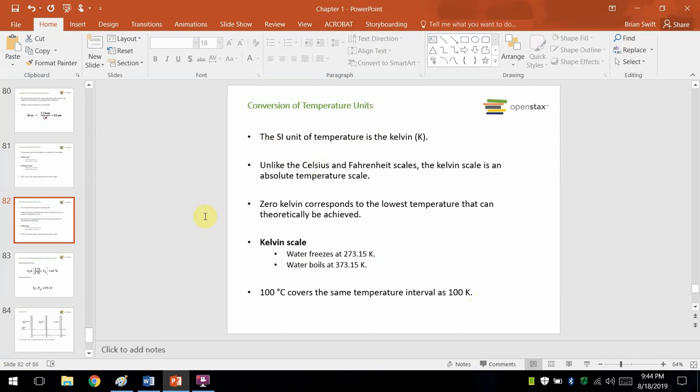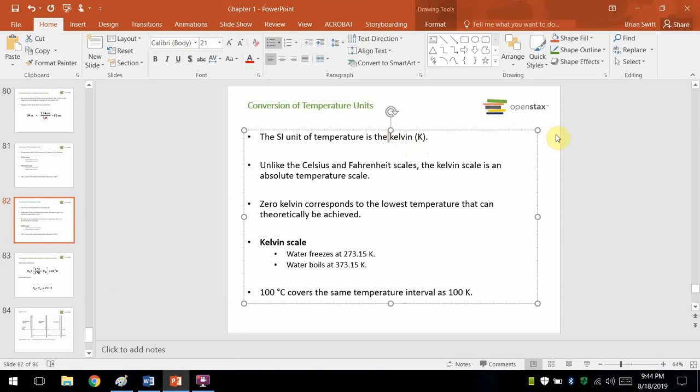So, based on that absolute zero and the size of the Celsius degree, they made the Kelvin scale. So the Kelvin scale has 0 at absolute zero. Now, since water freezes at minus 273 degrees Celsius, you turn that around and you say that it's 273.15 Kelvin.